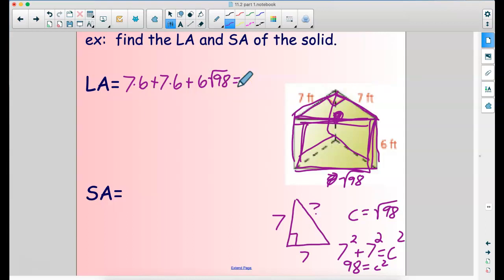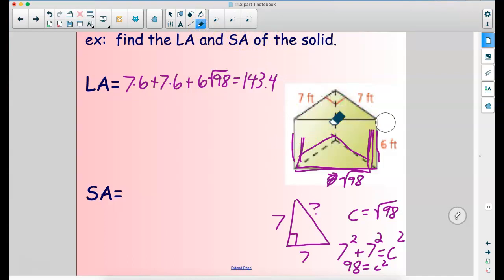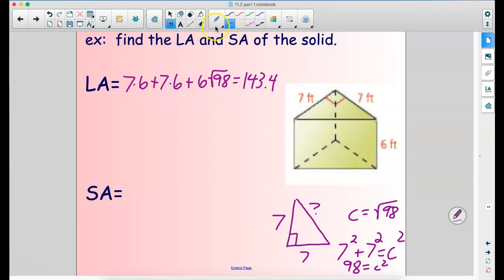So let's get the approximation for that. It's about 143.4, rounding to the nearest tenth. And then our surface area has to include that number plus the bases.